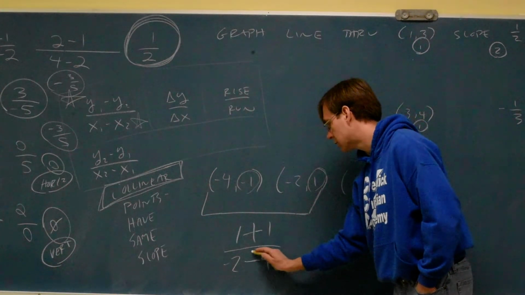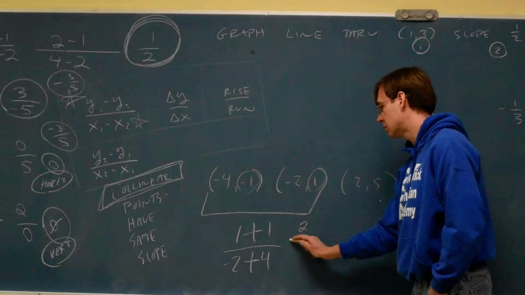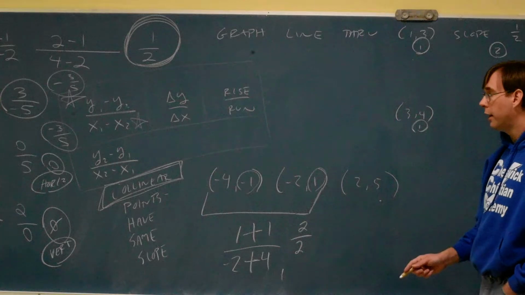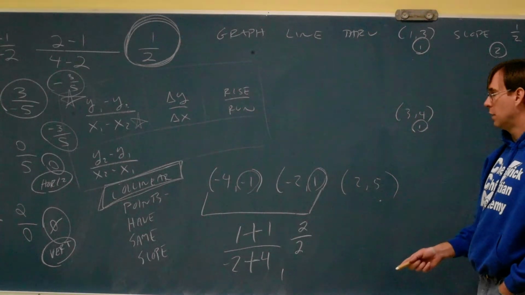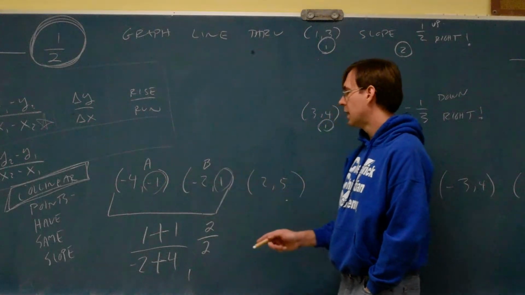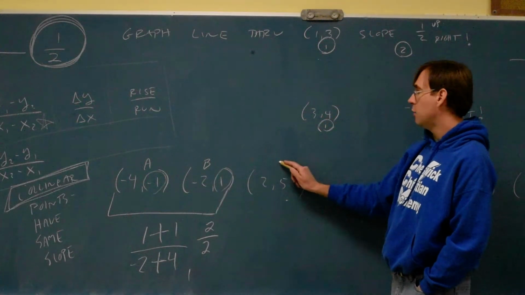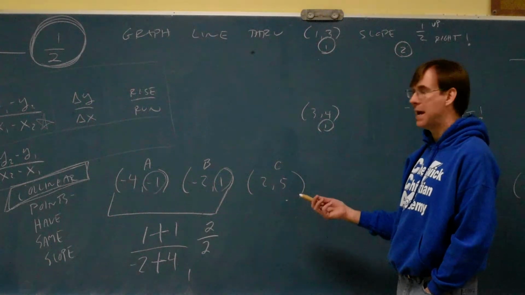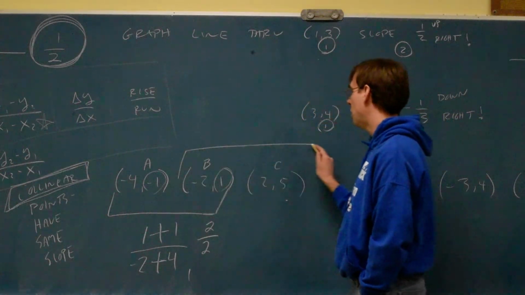That makes a plus, that makes a plus, this is 2, this is 2, grand total is 1. Then you're going to have to do another slope. I did A with B. I can now either do A with C or B with C. It doesn't matter, I just need to make another choice to do another slope.